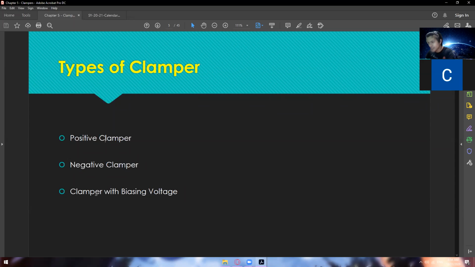And then we have the clamper with biasing voltage, wherein this one can shift above the zero level, or it can shift below the zero level, or sometimes it can shift between the zero level and then the positive, or zero level or the negative. So depending on the bias voltage. So later on, you will see all possibilities, okay, of bias voltage.